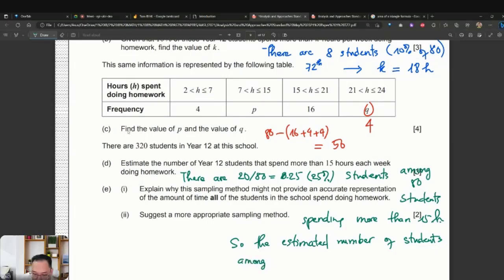Spending more than 15 hours. Just write it short. Yep, 1/4 multiplied with 320.